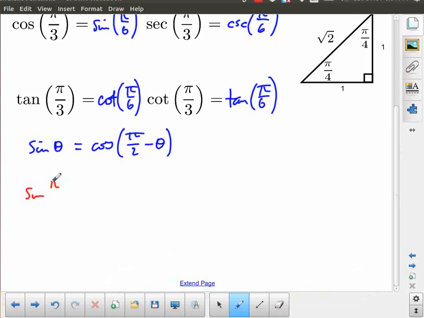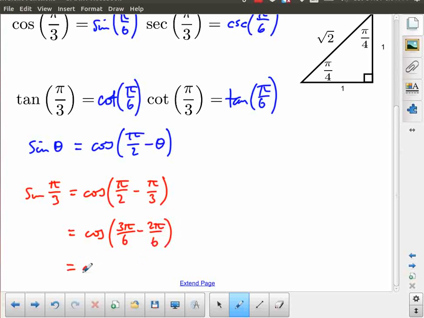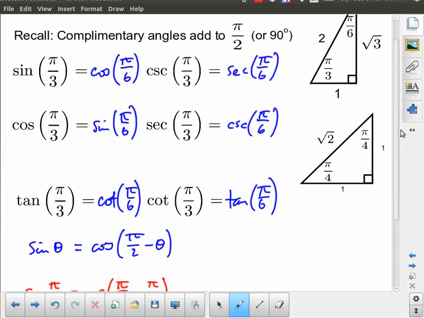The sine of pi by 3 is equal to the cosine of pi by 2 minus pi by 3, which is the cosine of, these need a denominator of 6, so that's 3 pi by 6 minus 2 pi by 6, which is equal to the cosine of pi by 6, which is what we deduced earlier.